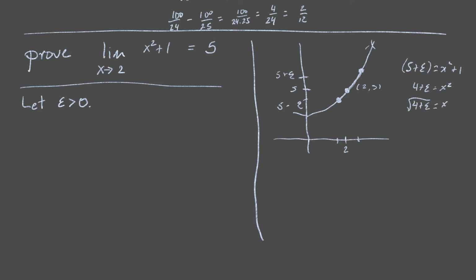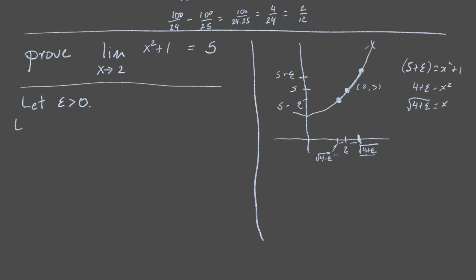And it'll be similar with a minus sign on this side. So this is at the square root of 4 plus epsilon. This is at the square root of 4 minus epsilon. So we want delta to be the minimum of the distance from 2 to this thing and 2 to that thing.